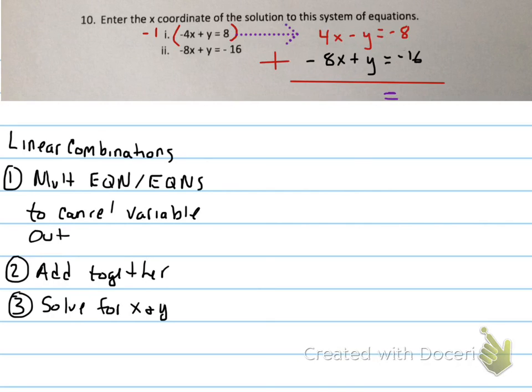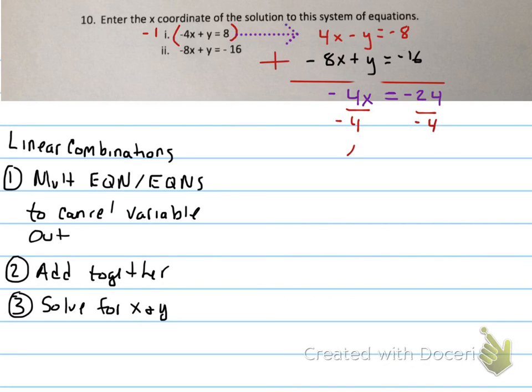-8 plus -16 is -24. And if you look here, the y's: -y plus y equals 0. That's what we want. That becomes 0, and this becomes -4x. Now all you're going to do is solve for x. Divide by -4, divide by -4.